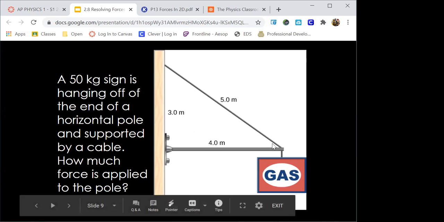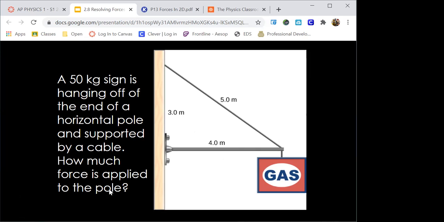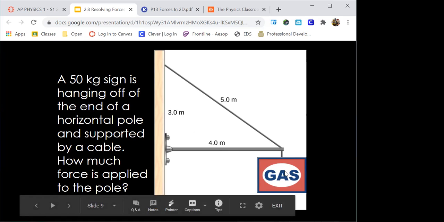If we remove the pole, the whole thing is going to slam into the wall. So we know the cable is providing a force, and we know the pole is providing a force. And the question is, how much force is applied to the pole, or how much force is the pole applying back on the sign? That is what we're trying to figure out.